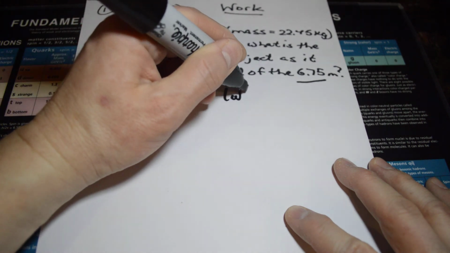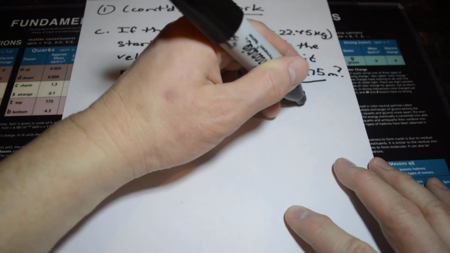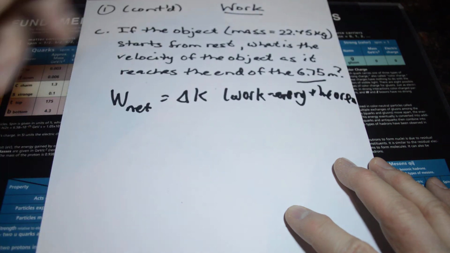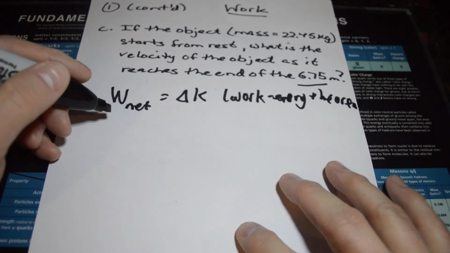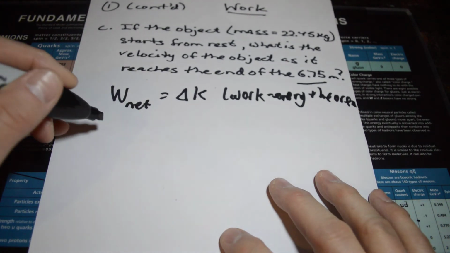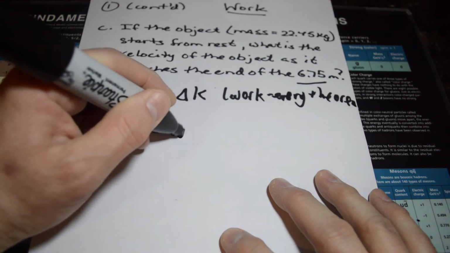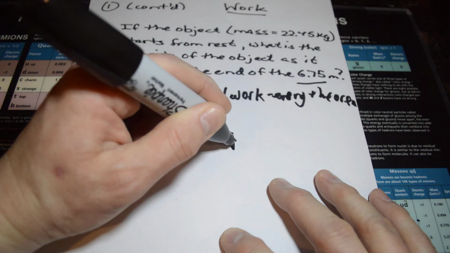That is what we call the work energy theorem. Does that make sense? The work energy theorem. Sorry about the bad writing there. But work is change in kinetic energy. So the net work in this problem would be the work done by the force forward minus the work done by the frictional force.